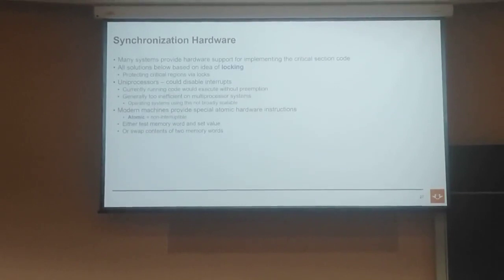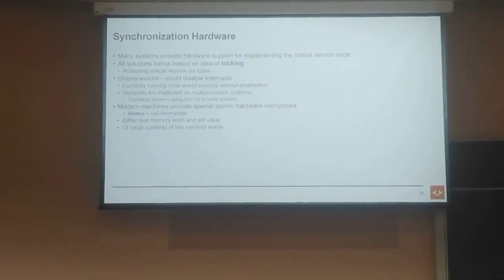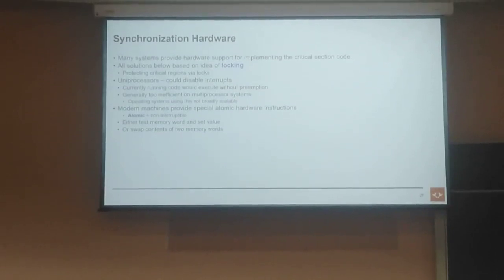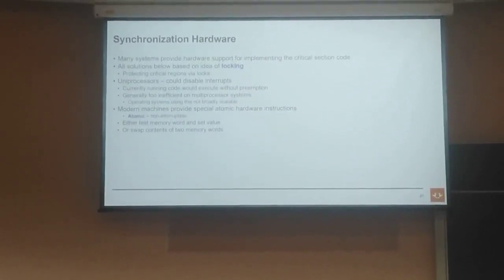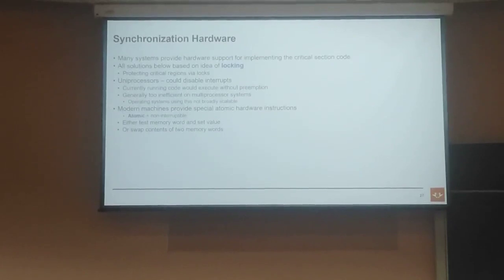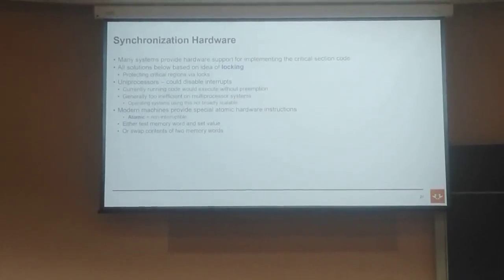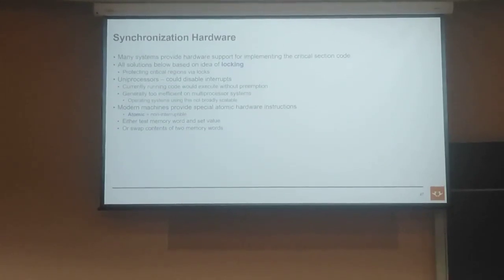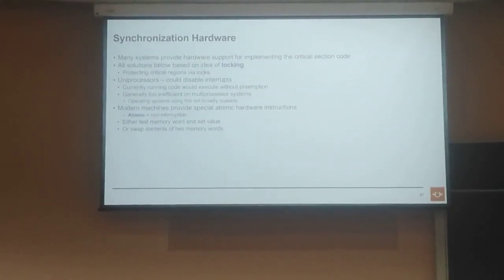The first implementation is where we disable the interrupts in the system. The reason why this is important, and this only really works on a uniprocessor system, is remember when a piece of code runs and then gets time sliced, it's because of the timer that runs out.